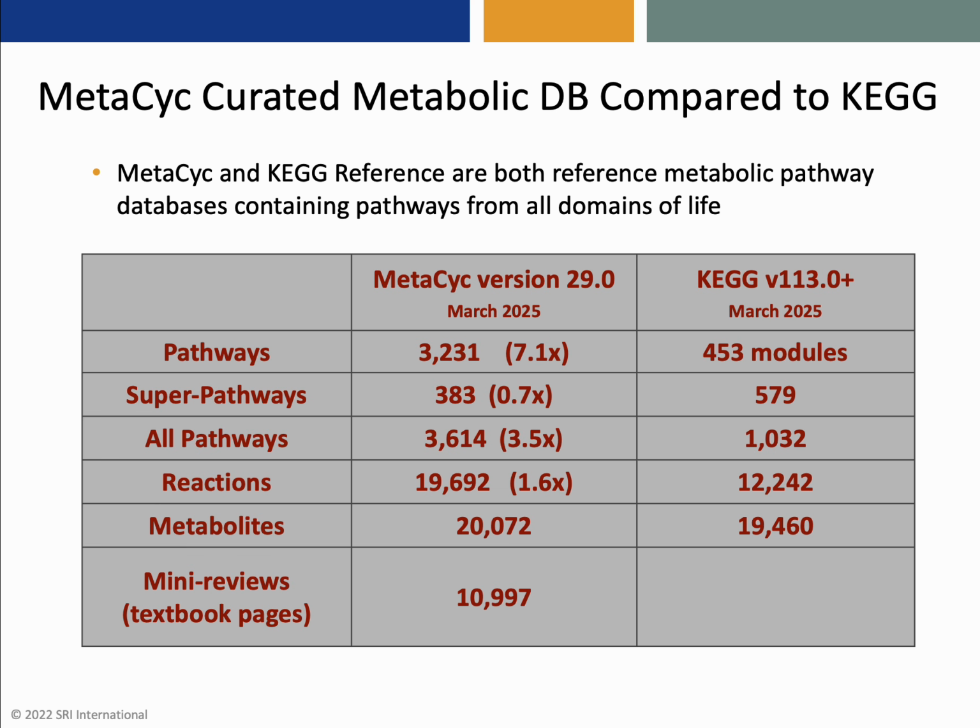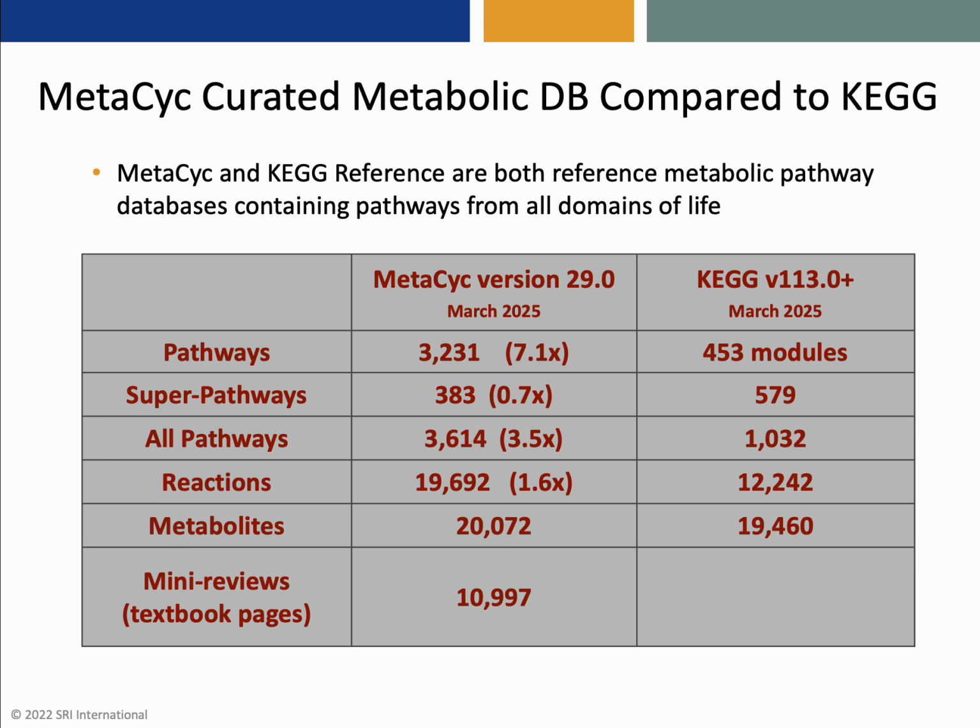If we compare reactions, we'll see that MetaCyc has about 19,000 compared to 12,000 in KEGG, for a ratio of 1.6. The number of metabolites in the two databases is very similar. Now on that last line, again, we don't know the comparable number for KEGG. What we're counting here is the number of textbook page equivalents found in the mini review summaries that our curators author, mostly for proteins and for pathways.